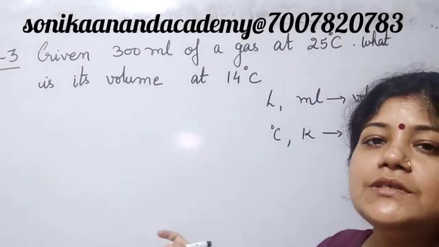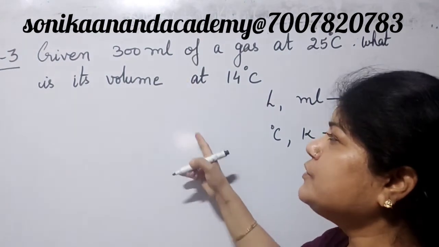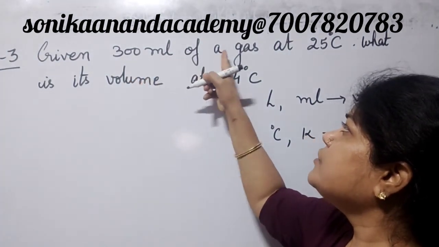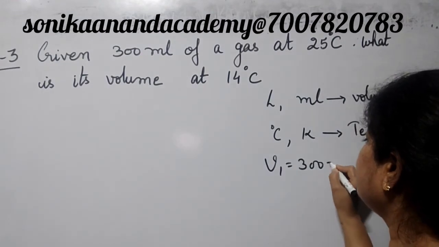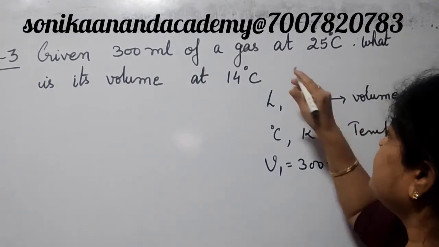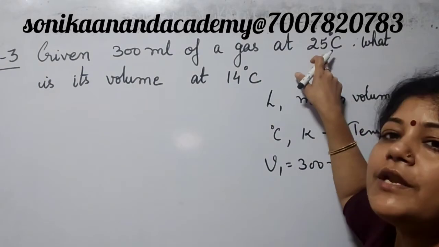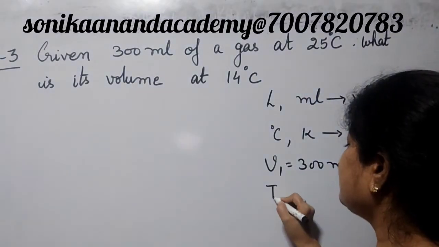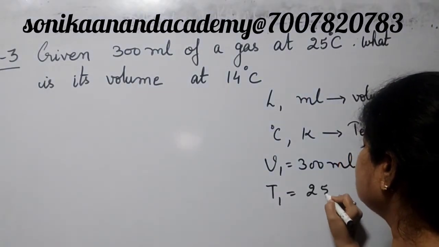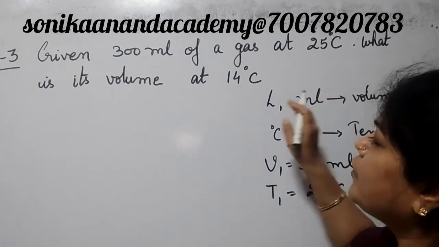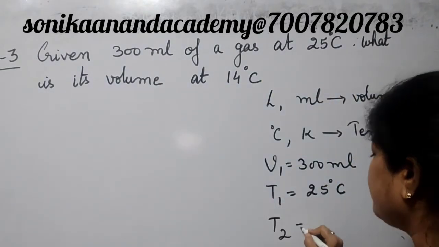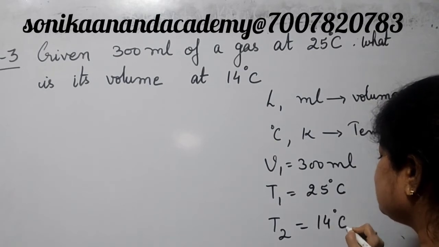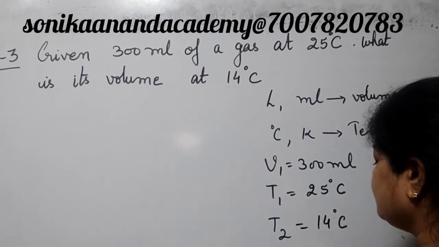Now I am going to do the analysis of the question. The volume of the gas is 300 milliliter. The temperature is 25 degrees Celsius. Now what is its volume at 14 degrees Celsius? Now the temperature becomes 14 degrees Celsius and we have to find the volume.